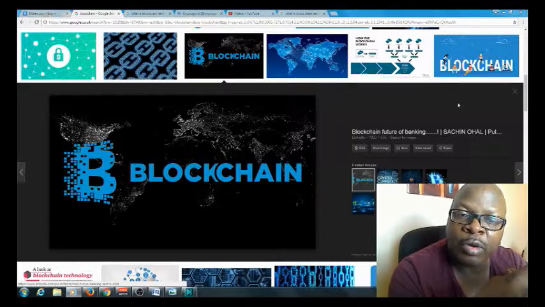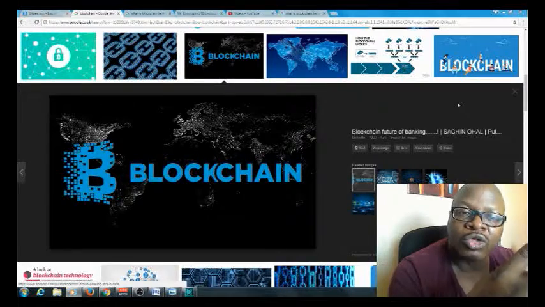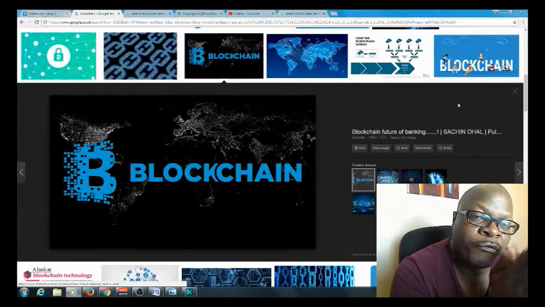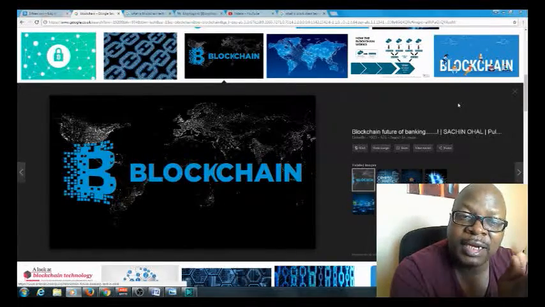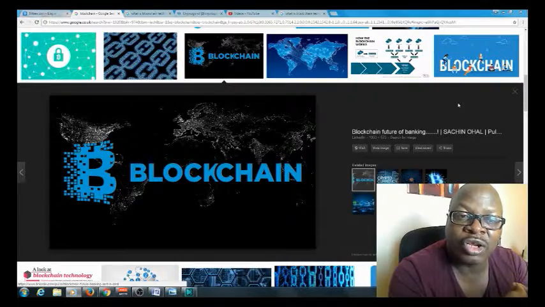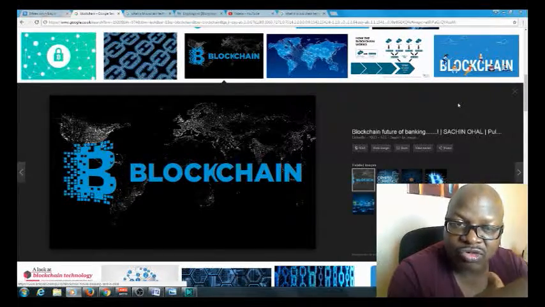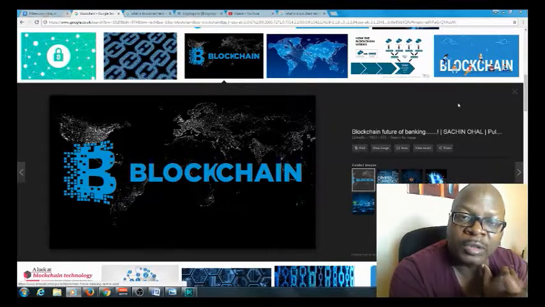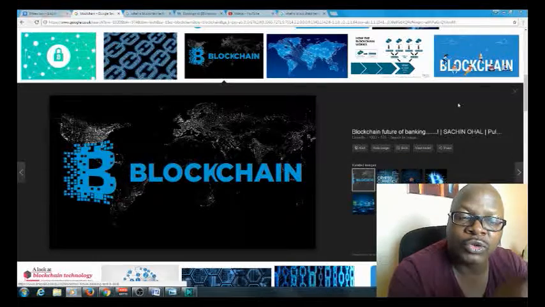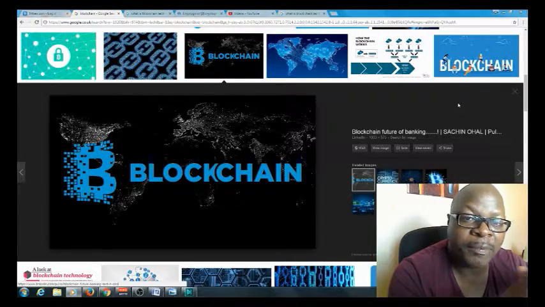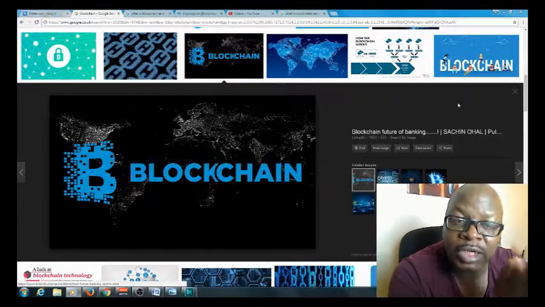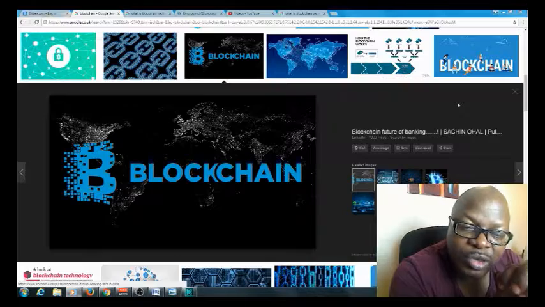All these individual computers are set tasks to check the validity of a transaction, and once they've validated a transaction, they are rewarded with a fraction of a token. The distributed part is because it's spread right across the world. You could be in the Philippines, you could be in Nicaragua, and you're all in the same system. That's the distributed ledger.